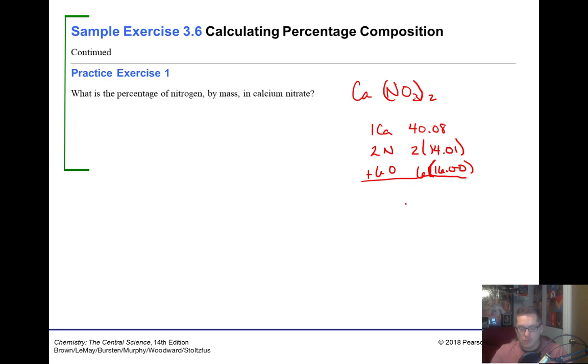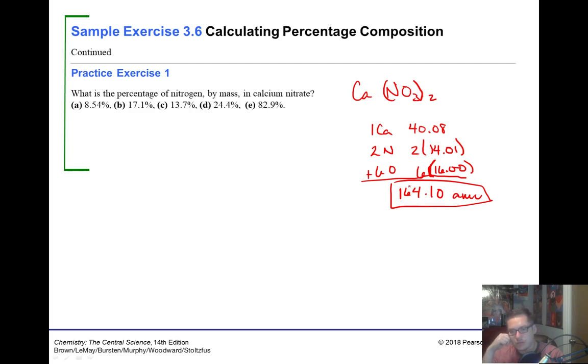So we say 40.08 plus 2 times 14, 28.02, plus 6 times 16. I get 164.10 AMU. That is the formula weight of calcium nitrate.